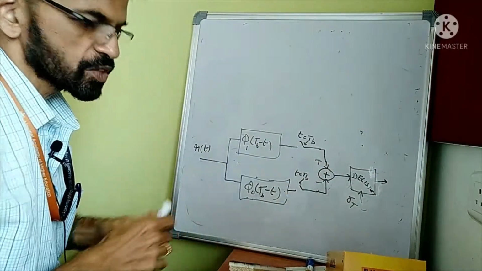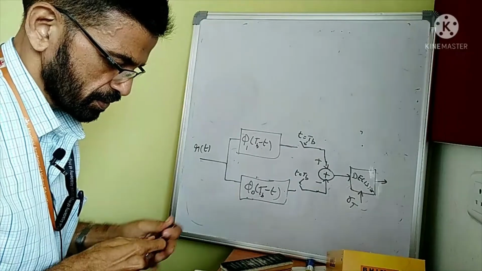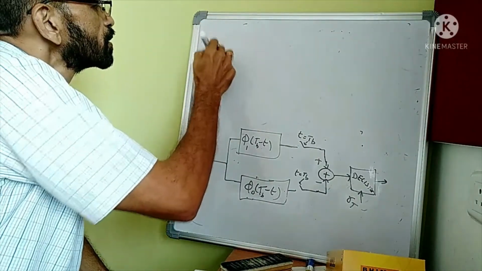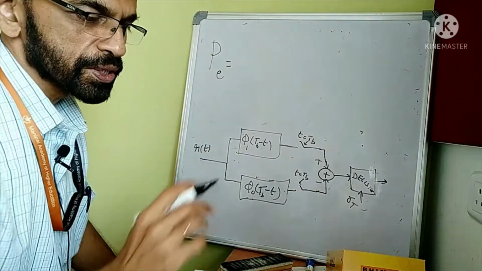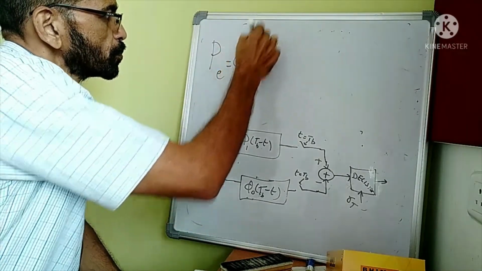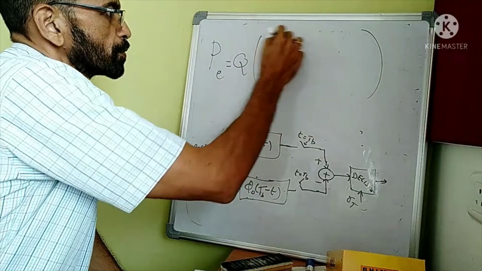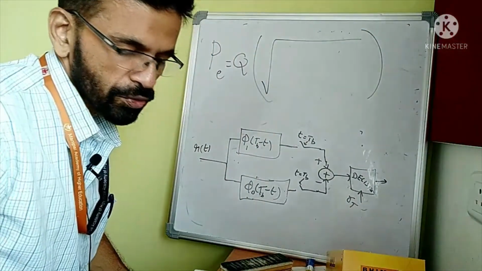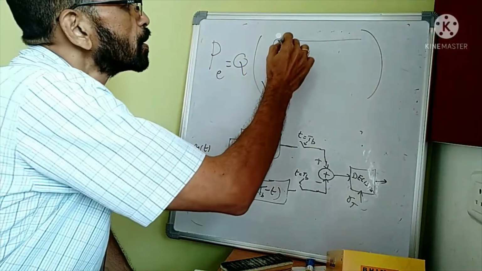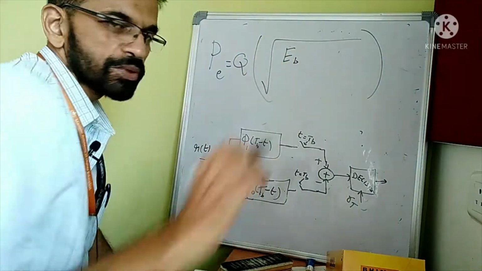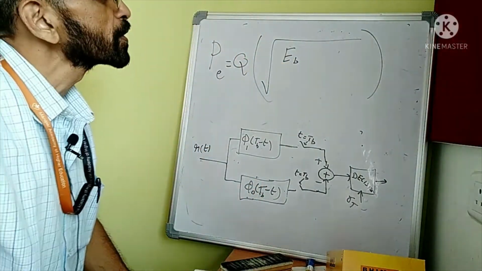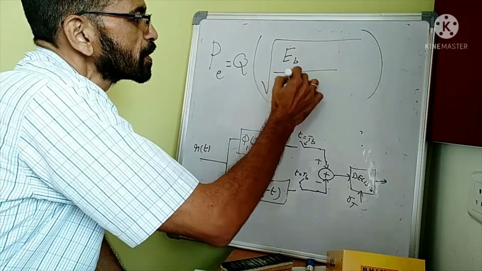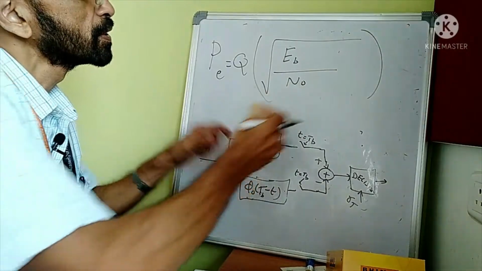Again, in the general expression which we derived when we discussed signal detection and estimation, we substitute the terms, and we get Q of root of, you had E1 plus E0 by 2, that gives EB, because E1 as well as E0 is EB, and then rho is 0, divided by N0.